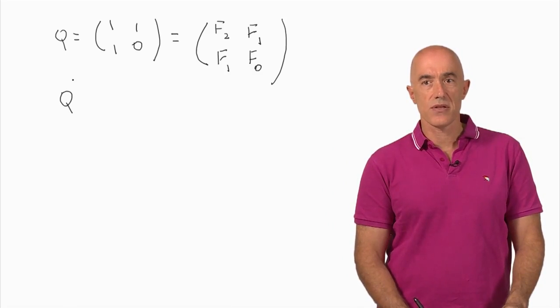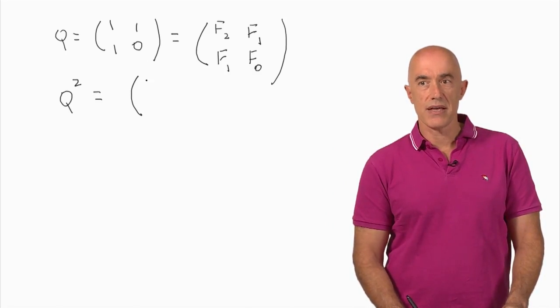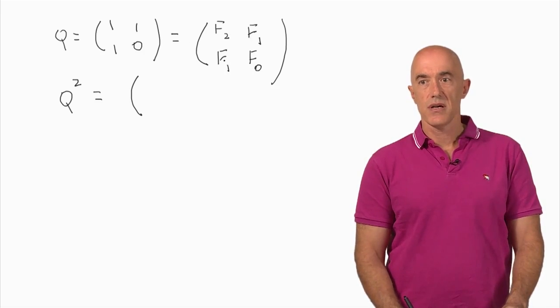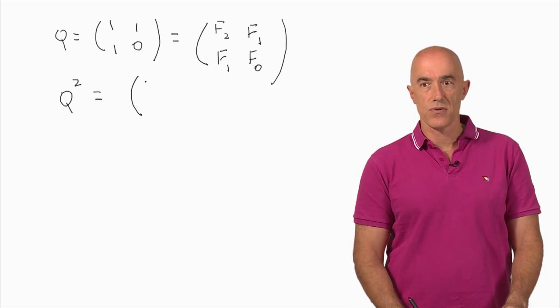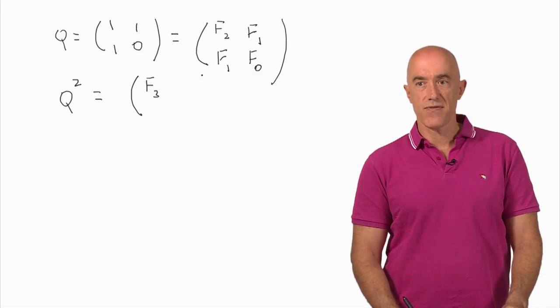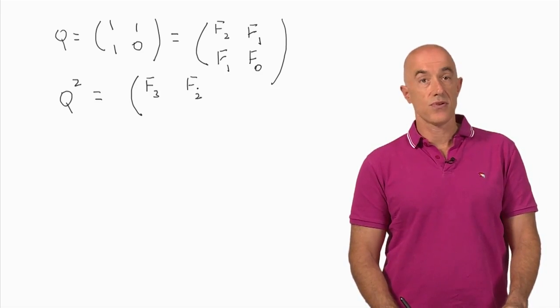Then when we determine Q squared, remember we replace the first row by the sum of the first row and the second row. So F1 plus F2, we can use the recursion relation, and we get F3. And F0 plus F1, we use the recursion relation, and we get F2.